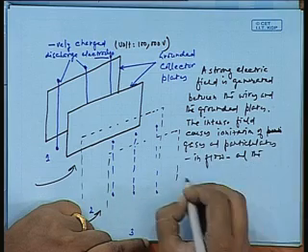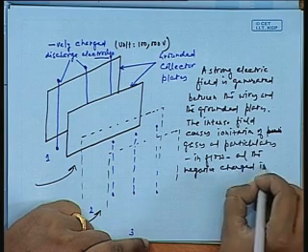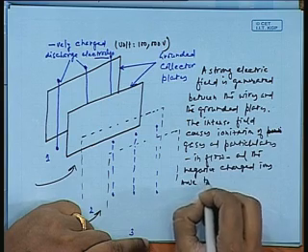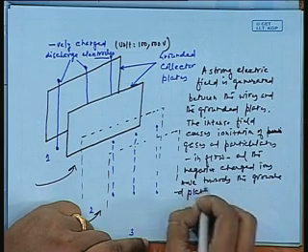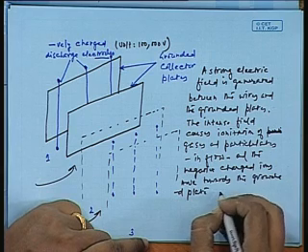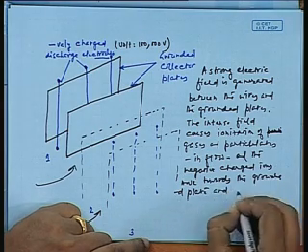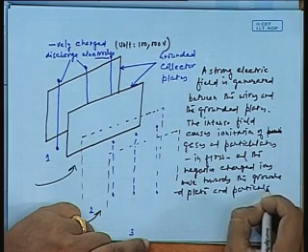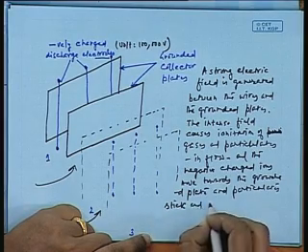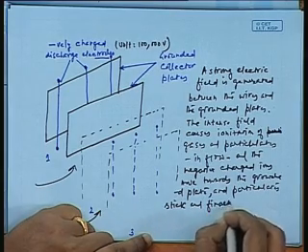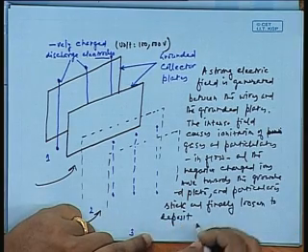The negatively charged ions move towards the grounded plate, and particulates stick and finally loosen to deposit at the bottom.